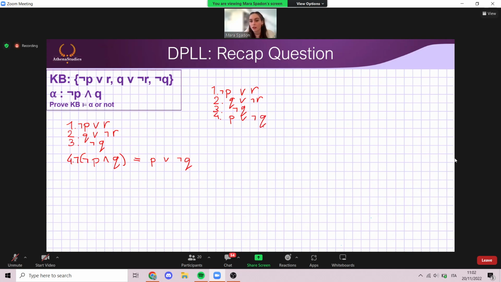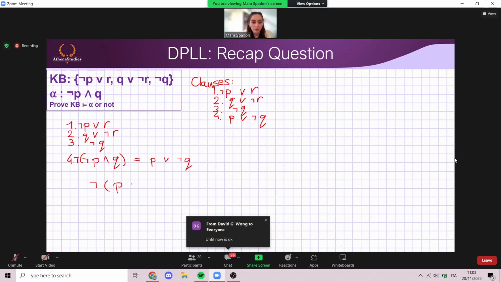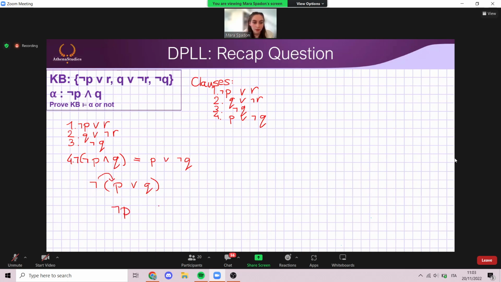Is everyone in the chat following what we just did? We took the negation of alpha and our formulas from the knowledge base, and we converted them to normal form. So these are our final clauses. I don't understand the fourth. Okay, the fourth is just the negation. Remember, when you negate something, this becomes not P and this becomes not Q, and you flip the sign.